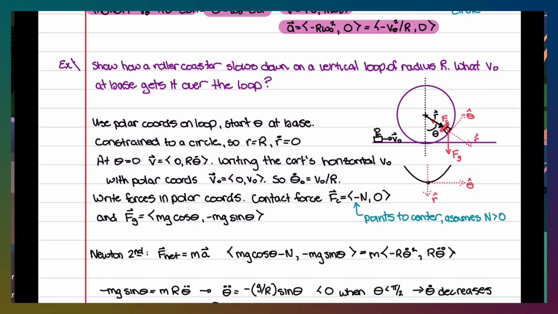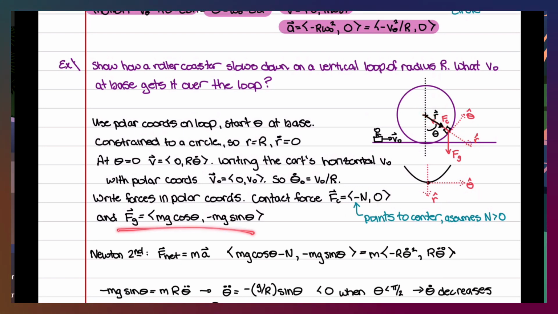So, again, if the box is here, is it touching anything? It's touching the coaster, so I know there's a contact force, the normal force you might call it. And notice here I wrote it in polar coordinates as -n, because it's pointing radially towards the center, and there's no azimuthal component for the force, because the contact force points in that direction, this is r hat.